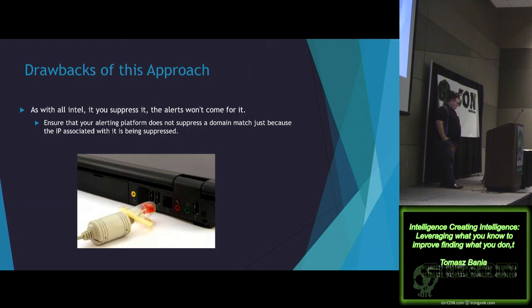I've seen a lot of organizations where they will suppress an IP address, but their alerting platform is configured to say, if any of these conditions are true, suppress it, and then a lot of valuable alerting is just simply lost in those situations.